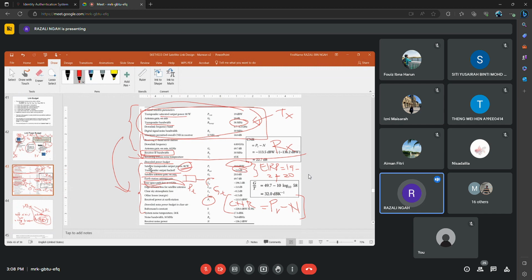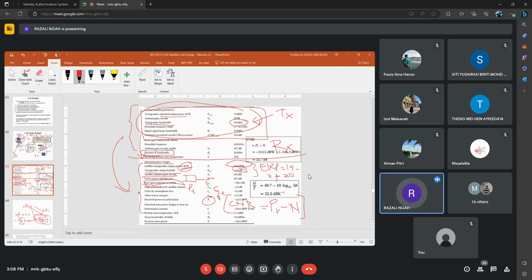But when you put it in the table, for any loss, you have to put a negative. So in the sentence, they mention the word loss, but the figure has no negative.